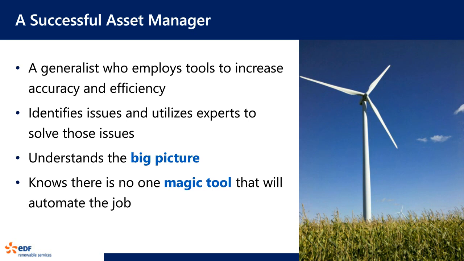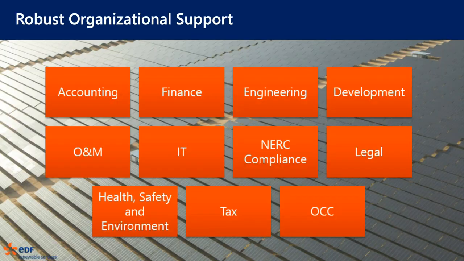Great, thank you. I also think that, so we've spent some time talking about the qualities that an asset manager needs to have to be successful. But I think another important aspect of asset management success is really the need for robust organizational support. I think that having experts to rely on really helps us meet our project goals more effectively.